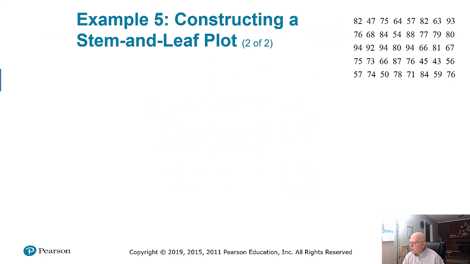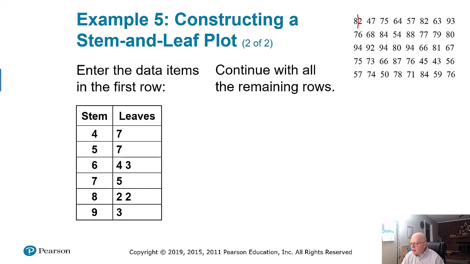Now, for example, the 82, split that into an 8 and a 2. We'll put the 8 on the left side, the 2 on the right side. So enter the data items in the first row. Here's where we had the 82. Notice this was the stem, the tens unit, and this is the 2 for the units.